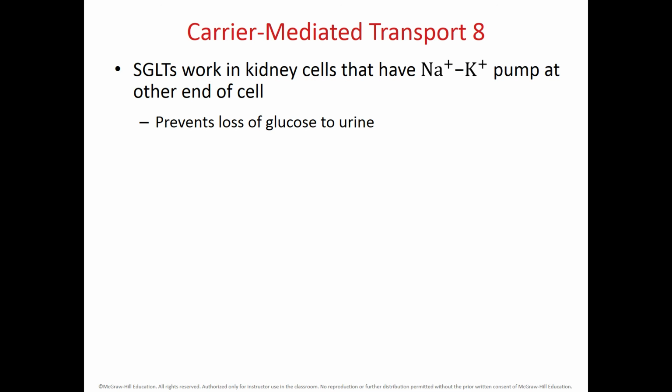Another place where you can find these sodium-glucose symports is in the kidney cells, which also have this sodium-potassium pump at the other end of the cell and prevent the loss of glucose to urine.